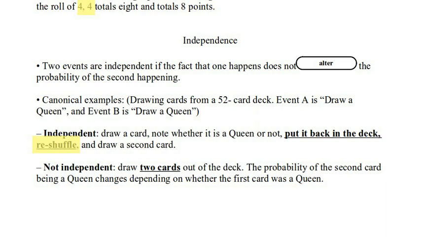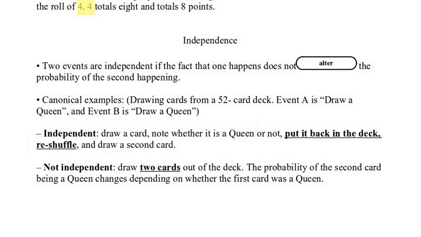If we're interested in the probability of getting a queen, and the first is a queen, the chance of that happening is 4 out of 52. If we put it back in the deck and shuffle it, there is a possibility that we could draw that same card again, because we basically erased all the physical memory of the fact that we drew a queen, and a particular queen, in the first draw. We put it back, reshuffled it, and then drew another card. Those two events are independent.